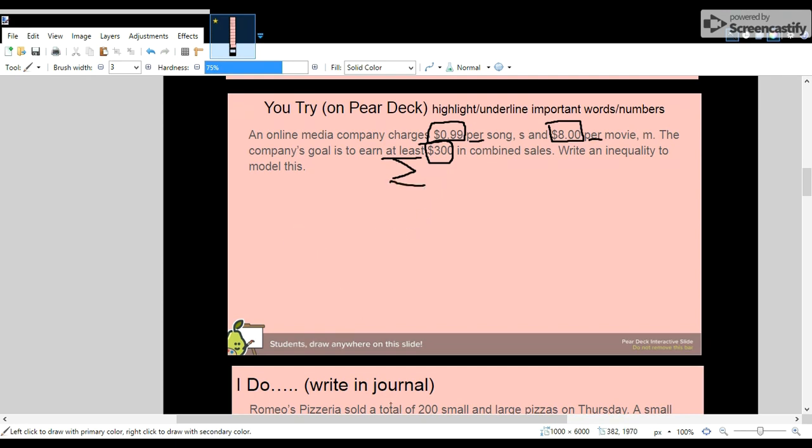So the way you'd write these out would be like this. So this would be our inequality. 99 cents times S plus $8 times M is greater than or equal to 300. Now, to solve a system of this, you would have to know how many songs and movies you had.